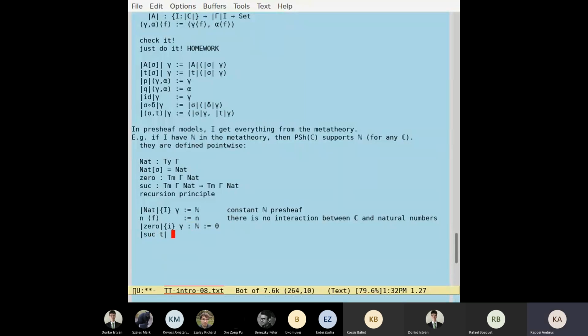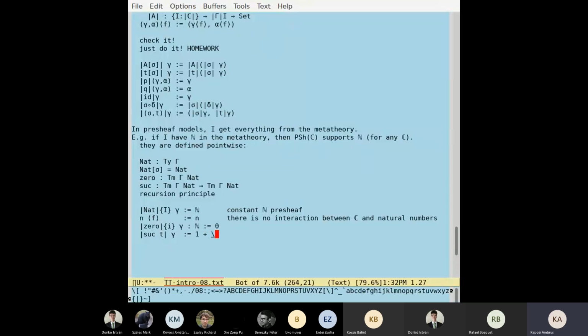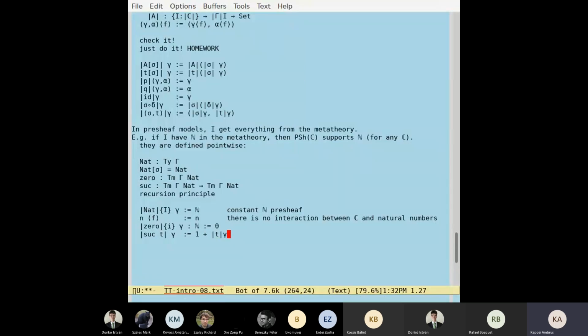Again, successor of t at some Gamma is just 1 plus the interpretation of t at Gamma, which will be a meta-theoretic natural number, and then you get a one larger number, and that's how you get a bigger natural number.